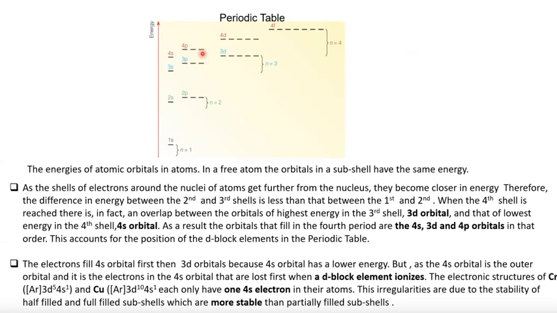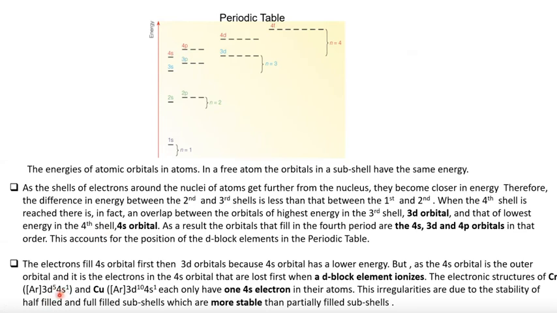We can notice here also the electronic configuration of chromium is like this. But you see that we cannot fill a higher energy level orbital, leaving a lower energy level. The 4s is lower than that of 3d. Here 4s has got only one electron.